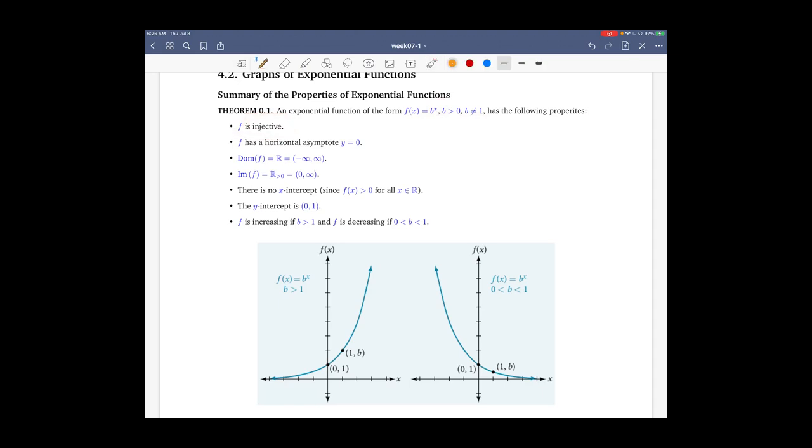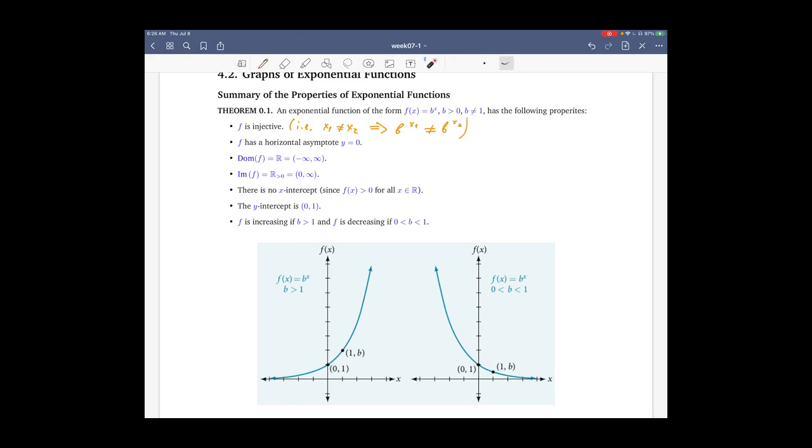Remember, injective means that different values of the argument get mapped to different values of the function. From the fact that x1 is not the same as x2, it follows that b to the power x1 is not the same as b to the power x2.